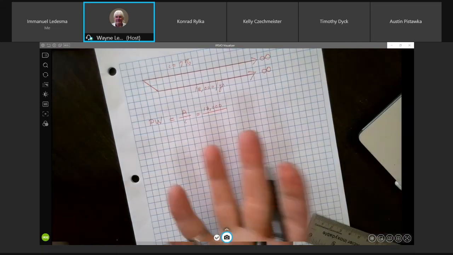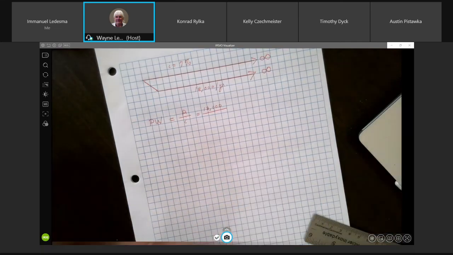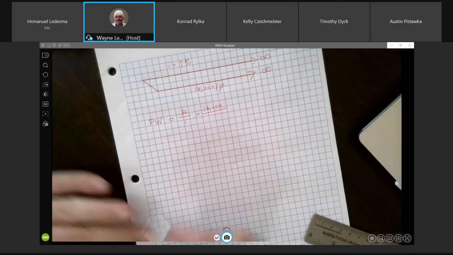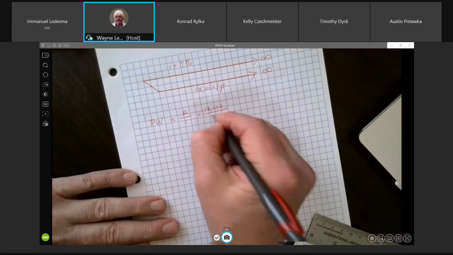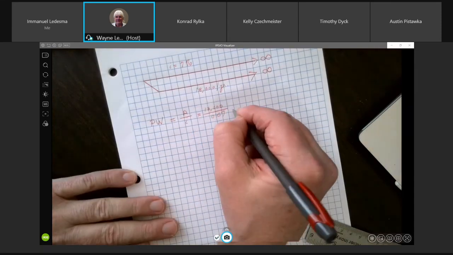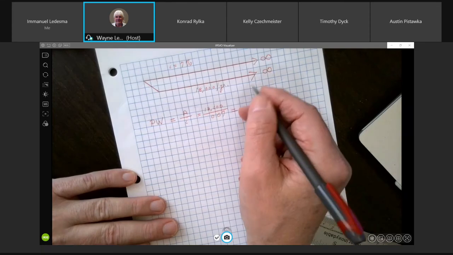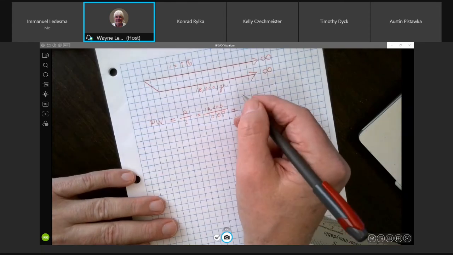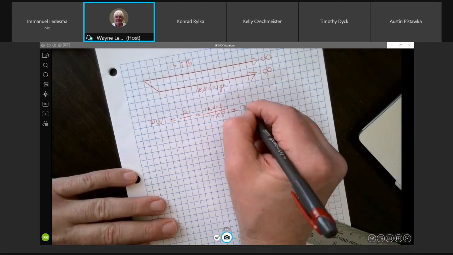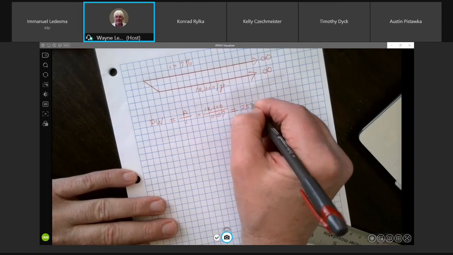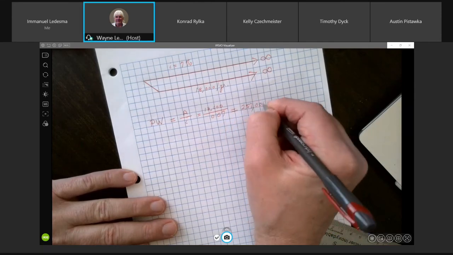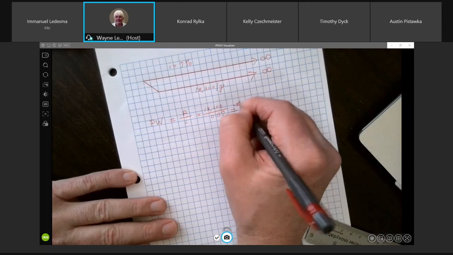There's no compounding involved. It's just a flat 7%. So 0.07 will be equal to $257,000 when you do that arithmetic.